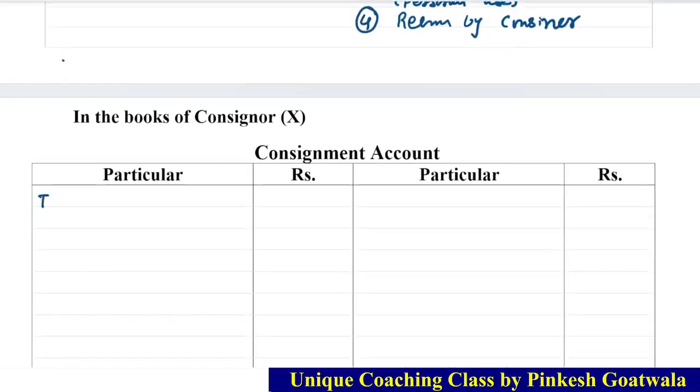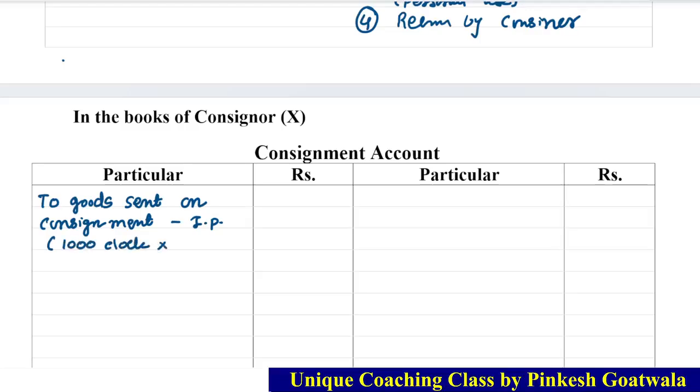So let's start to give effect. So here goods sent on consignment. Here we have to show invoice price, 1000 clocks, each of 160, and on this side we have to write the difference.